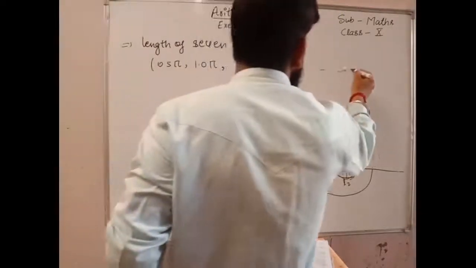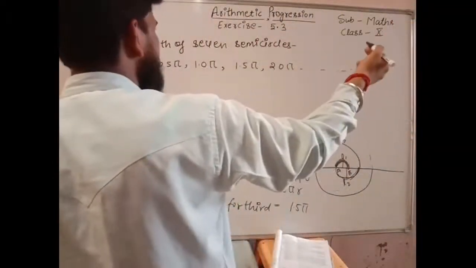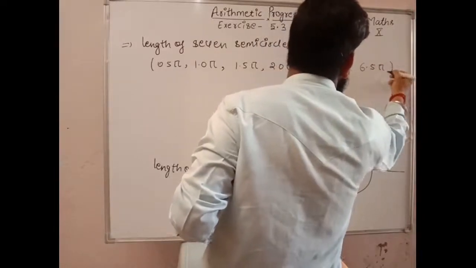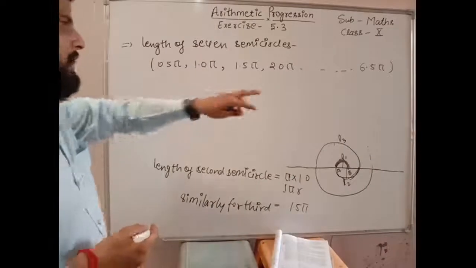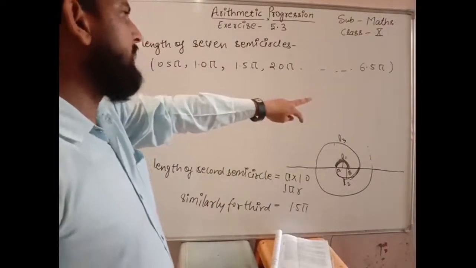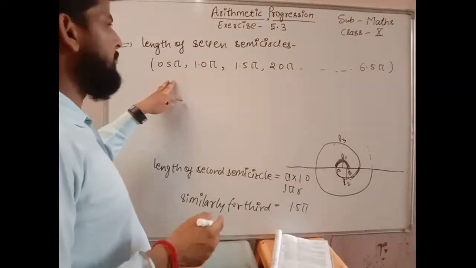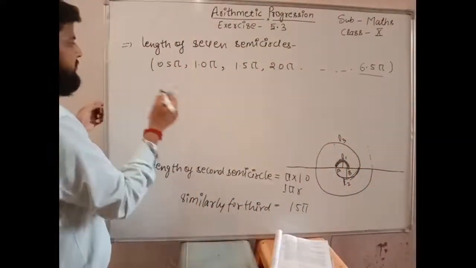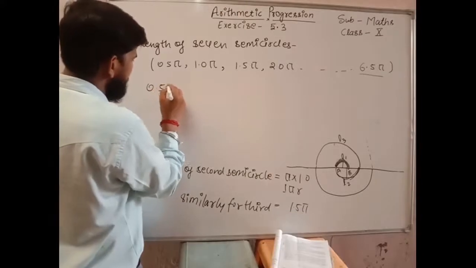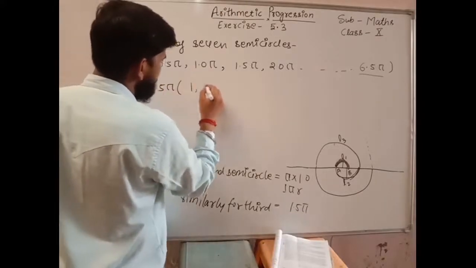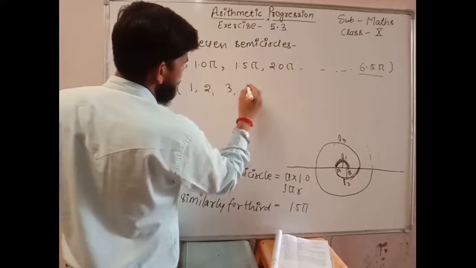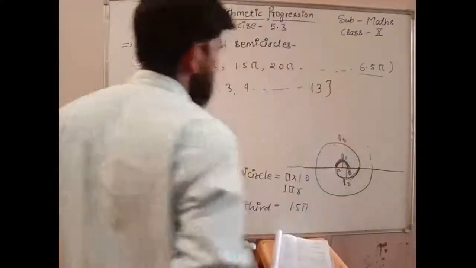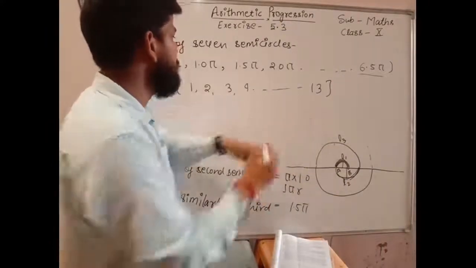In this way, the last one, if we go up to 13, will come to 6.5 pi. So we can take 0.5 pi common. So here 1, 2, 3, 4 up to 13 is remaining.